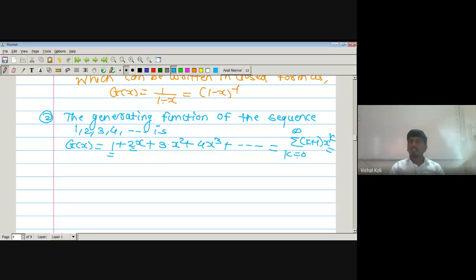2 into x raised to 1, plus the next term will be 2 plus 1, that is 3, into x raised to 2, that is x square.